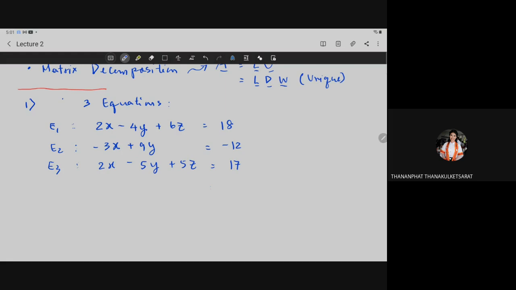So for this type of equations, let me ask some of you: if you need to solve for x, y, and z, how are you going to solve this? x, y, and z are the unknowns in this case. What is the conventional way of solving this type of equations?